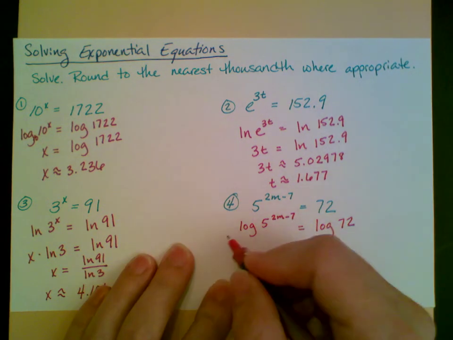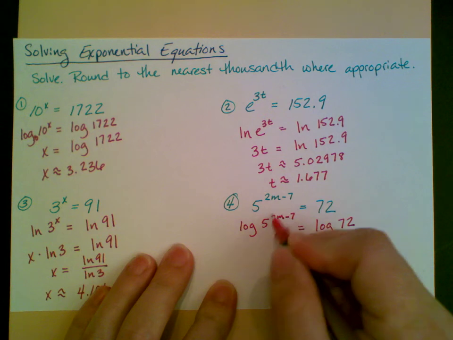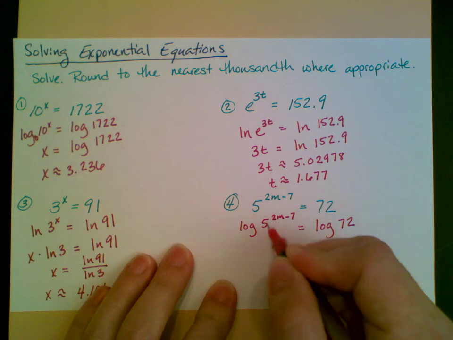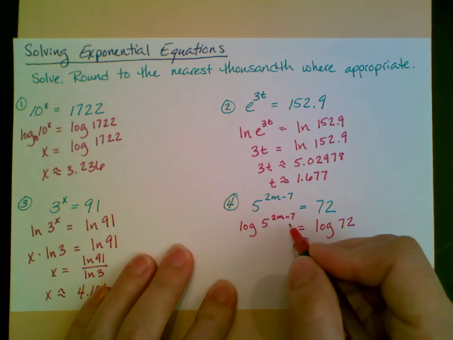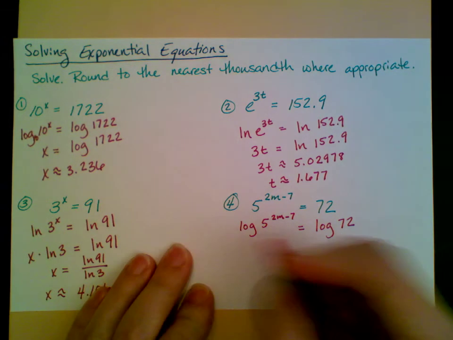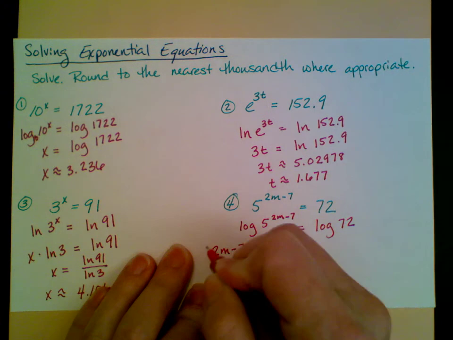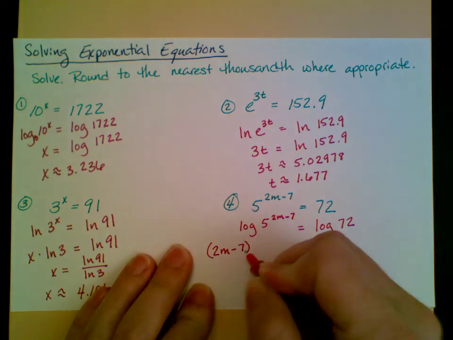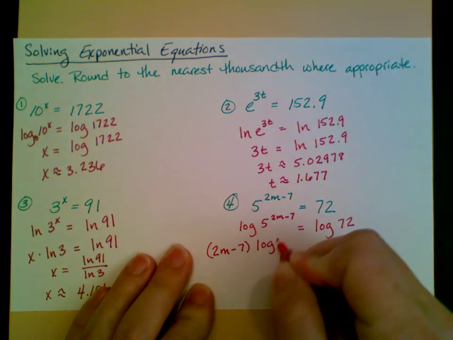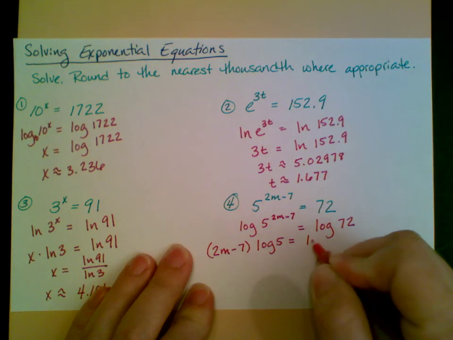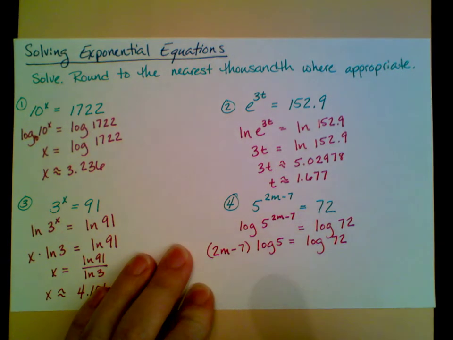I can pull the exponent out front. Notice that now my exponent is a little more complicated than it has been. When I pull it out front, I need to write parentheses around it. That'll be 2m minus 7 in parentheses times log of 5 equals log of 72.